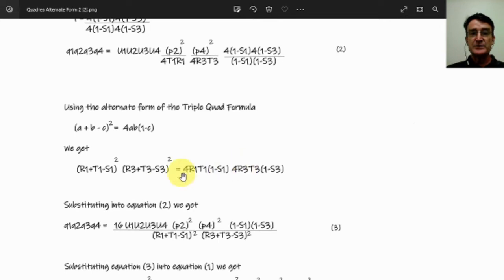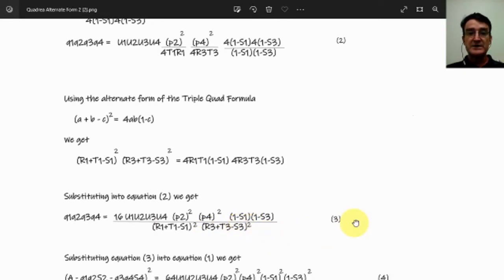So we're going to substitute this into equation 2 in the denominator. We're going to replace the denominator with this piece on the left-hand side. And then for equation 2, we get Q1 times Q2 times Q3 times Q4 is equal to 16 times U1 times U2 times U3 times U4 times P2 squared times P4 squared times (1 minus S1) times (1 minus S3), all divided by (R1 plus T1 minus S1) squared times (R3 plus T3 minus S3) squared.